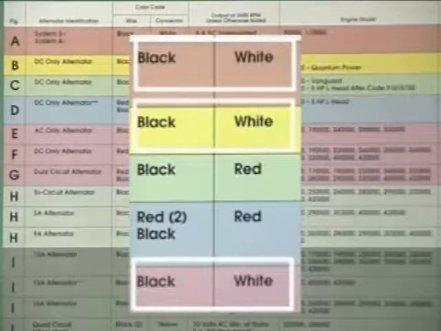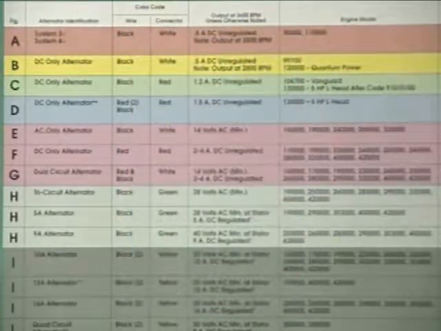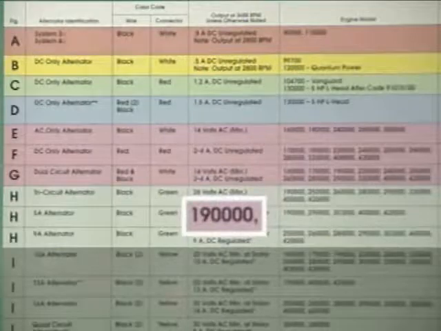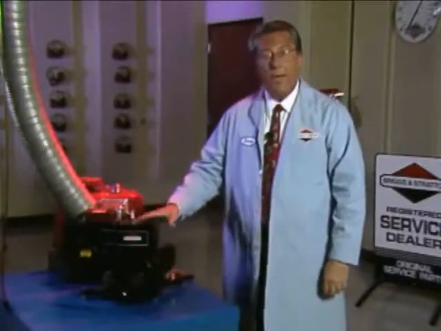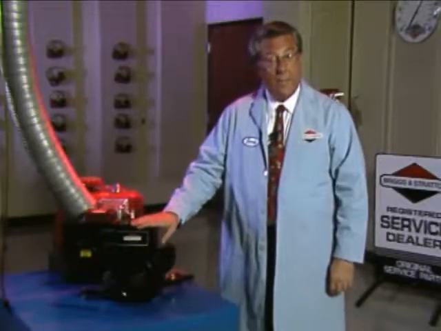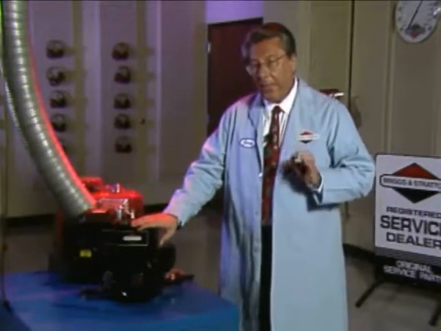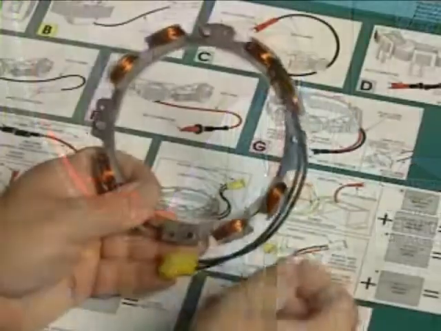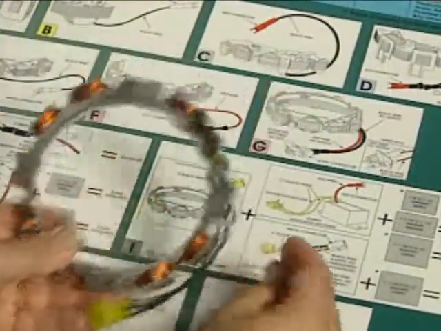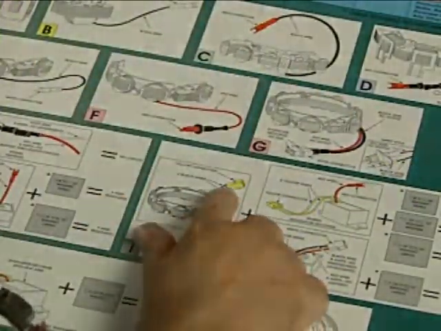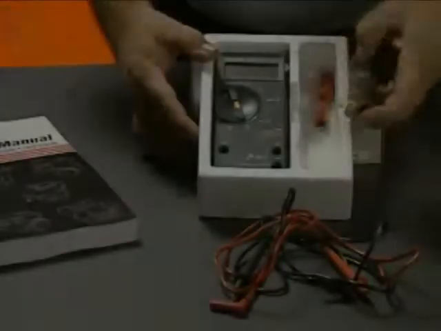If this provides you with more than one option, use the model series for further identification. This should narrow your options. Once the system is identified, make note of the type of output, the value of the output, and the speed at which the output should be measured. We'll talk about testing the alternator in our next segment.